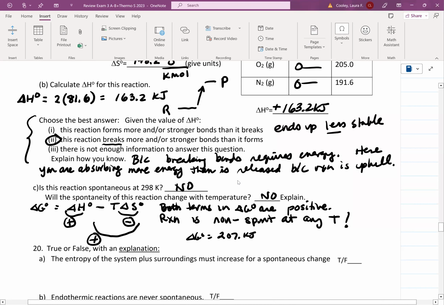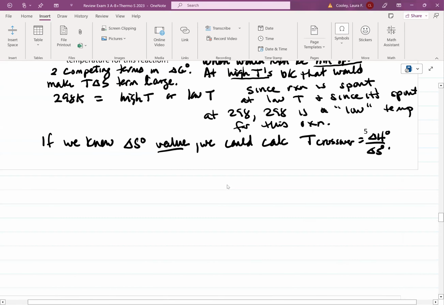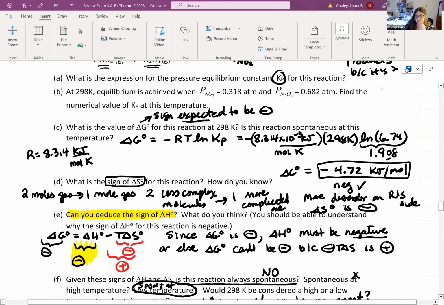I was going to ask if you could re-explain D, because I'm having a bit of trouble with 18D. Oh, right. So remember when we talked about entropy, that entropy is disorder. It's the ability to dissipate heat.